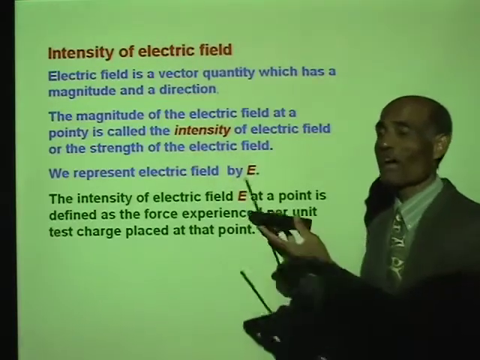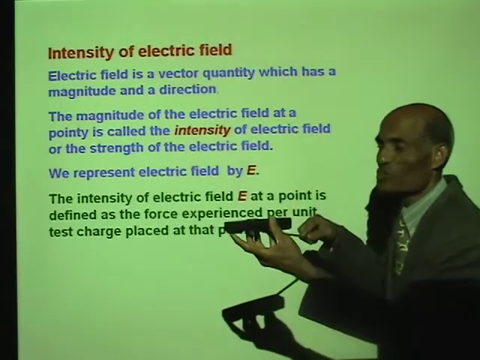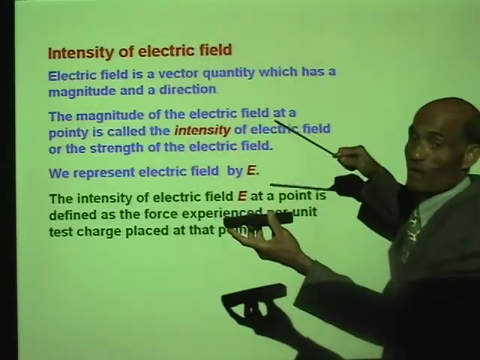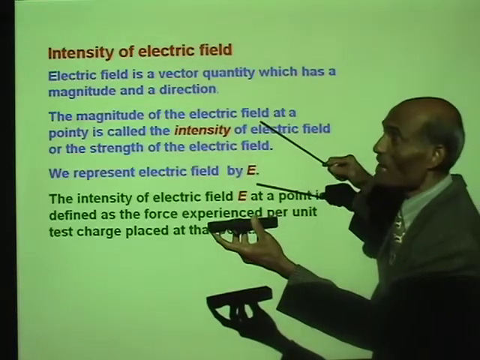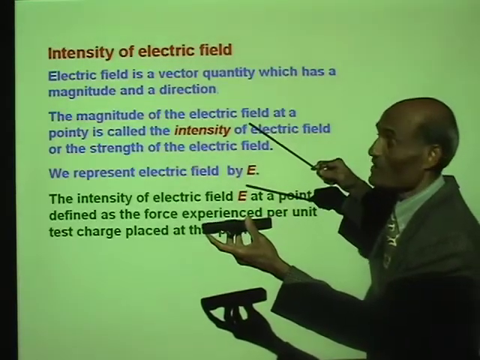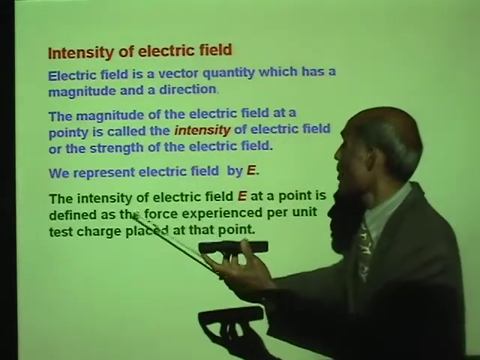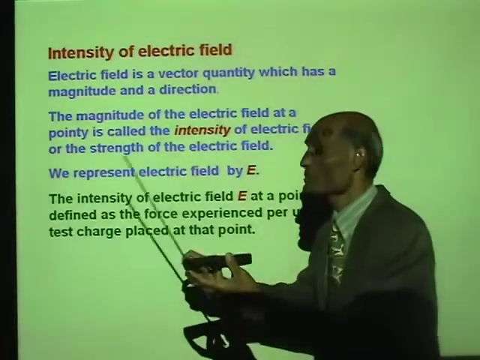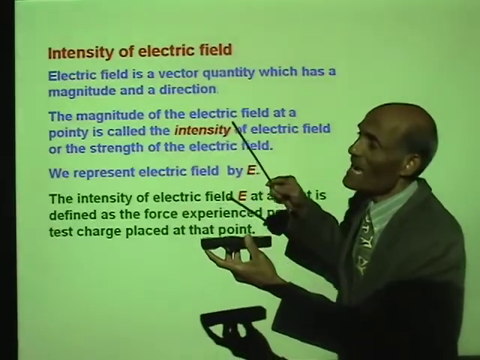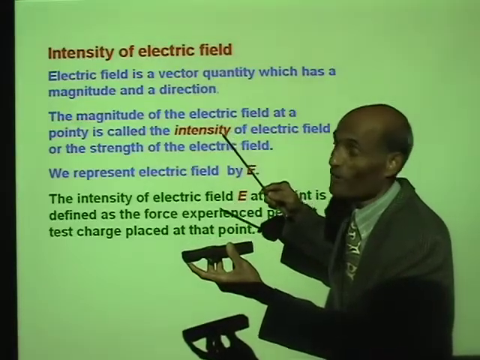If I want to find the electric field caused by this electric charge at this point where I'm pointing, all I need to do is place a unit test charge. What kind of a unit test charge? A positive test charge. Place a positive test charge at that point.